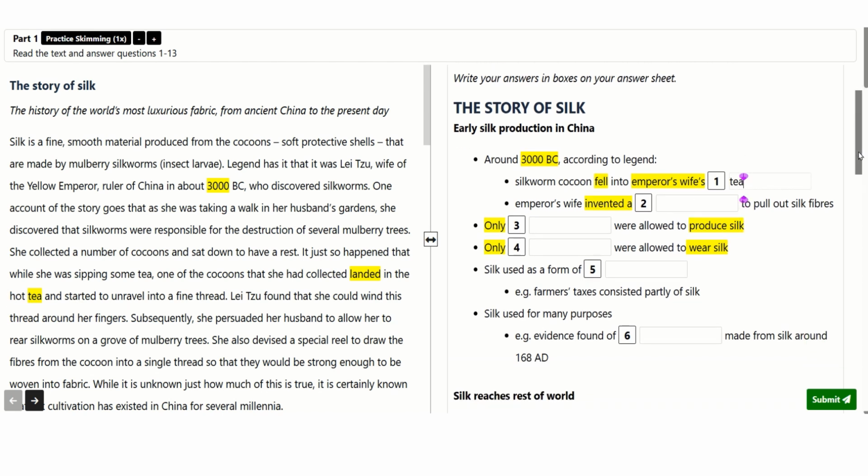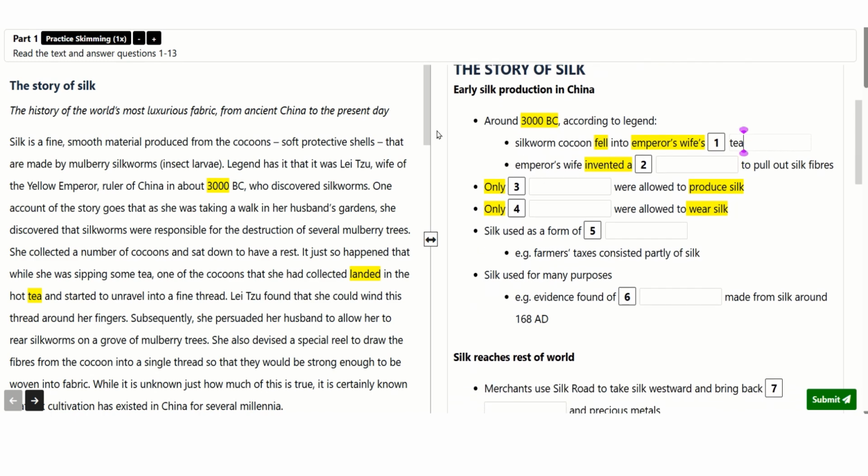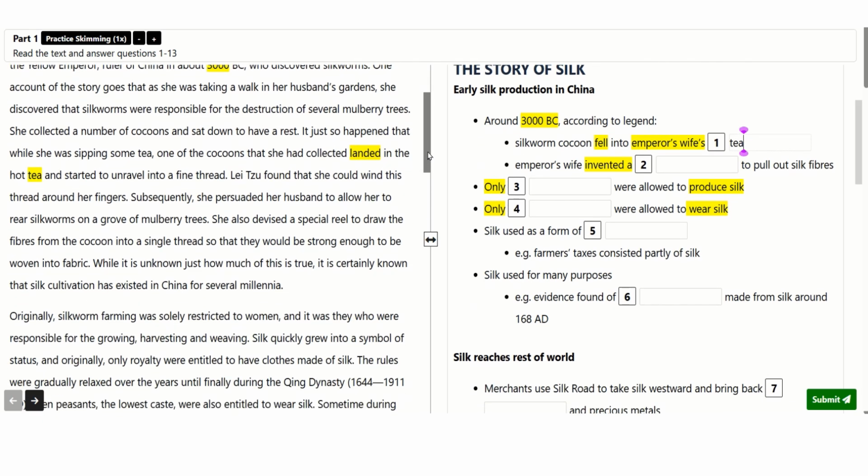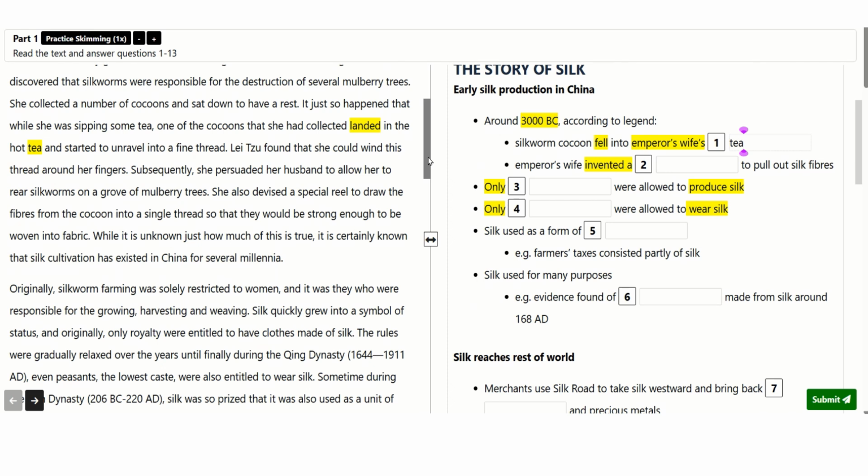Then, the emperor's wife invented a dash to pull out silk fibers. She invented something. She could wind this thread around her fingers to allow her to rear silkworms. Devise a special reel. Okay, can we say devised?